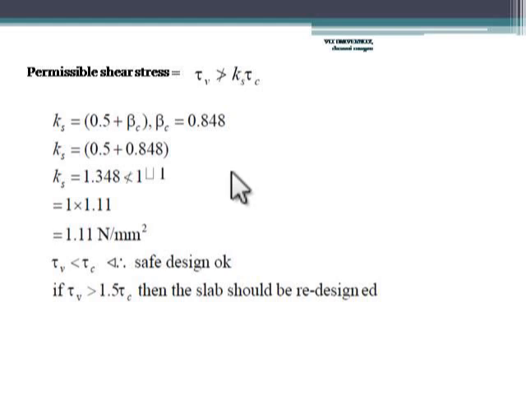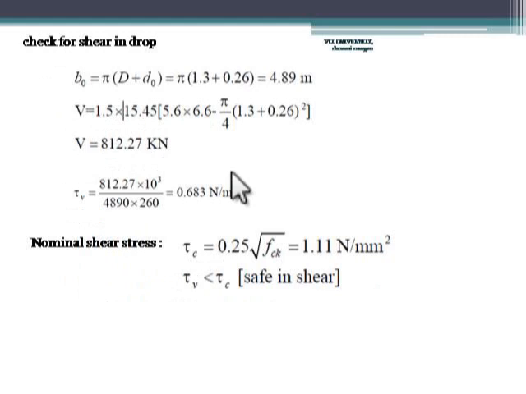If tau v is less than tau c, then it is a safe design. If tau v is greater than 1.5 tau c, then the slab should be redesigned. So check for shear in drop.